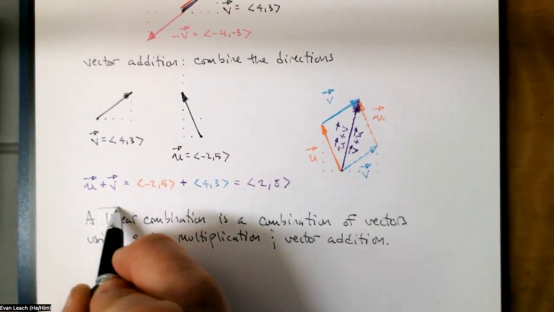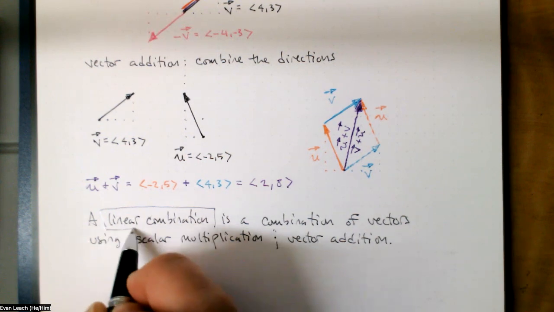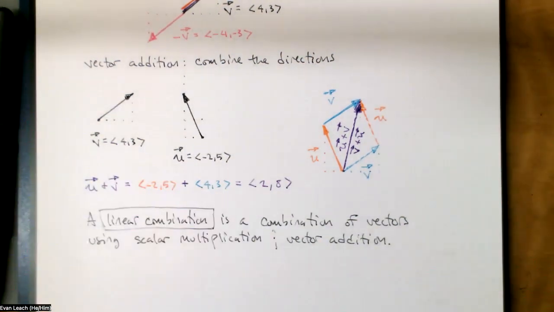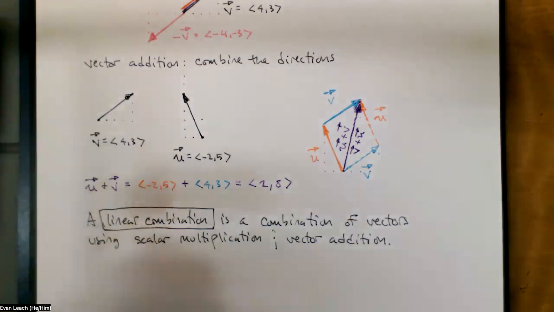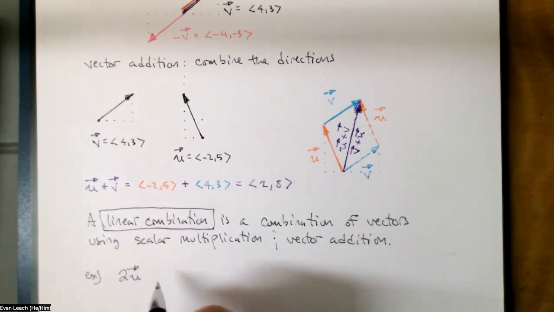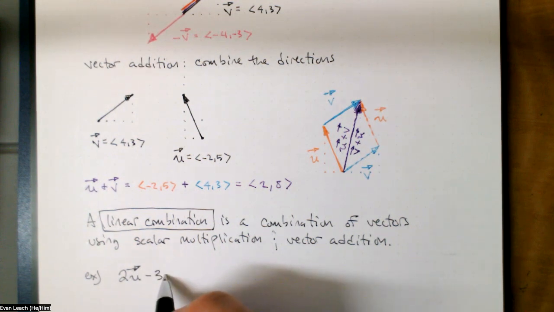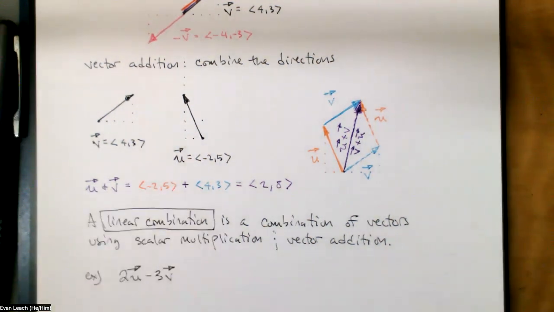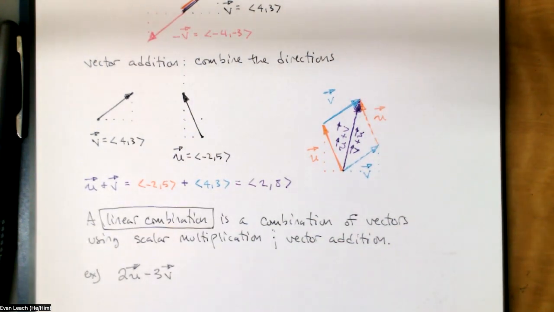So we say a linear combination of vectors is when we just make a combination using scalar multiplication and vector addition. So for example, 2u minus 3v is a linear combination of vectors. So I'm using scalar multiplication and then vector addition.